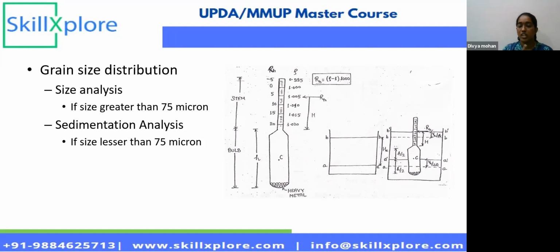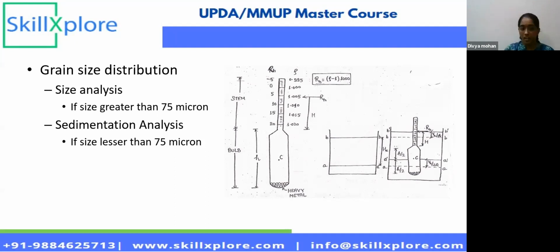Sieve analysis can be done for particle sizes greater than 75 micron. Sieve analysis mainly employs gravitational force and vibrational force to separate the soil particles based on their sizes.